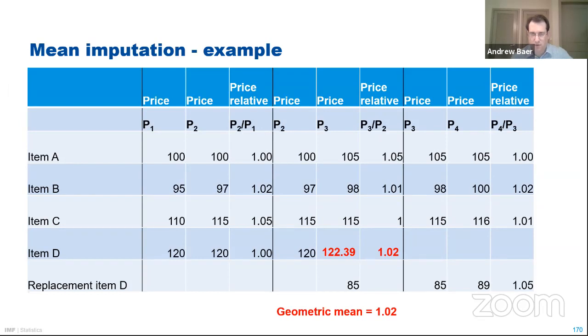Because we don't have either item D or replacement item D produced in both period 3 and period 2. So I can't directly observe a price relative for that item in period 3. So what I do instead is I assume the price relative changed based on the average of the other items. If you instead say, look, I have no information about item D, it's a new item, so I'm just going to bring it in with a price relative of 1.0, you would be putting a downward bias on your index.